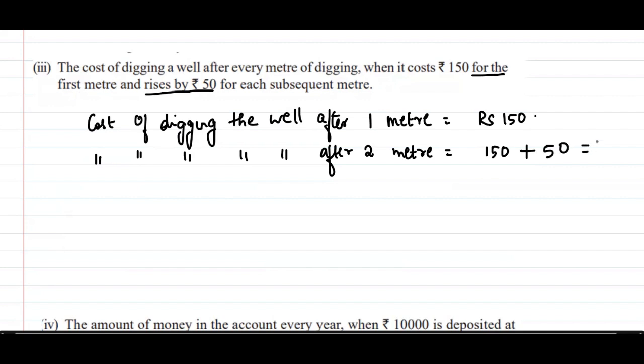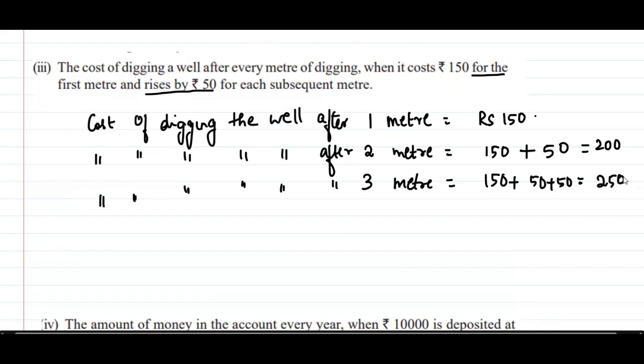If you add them, that will be 200 rupees. Now, what's the cost of digging the well after 3 meters? After 3 meters, it will be 150 for the first one, then again 50, then again 50. So that will be 150, 200, then 250 rupees.